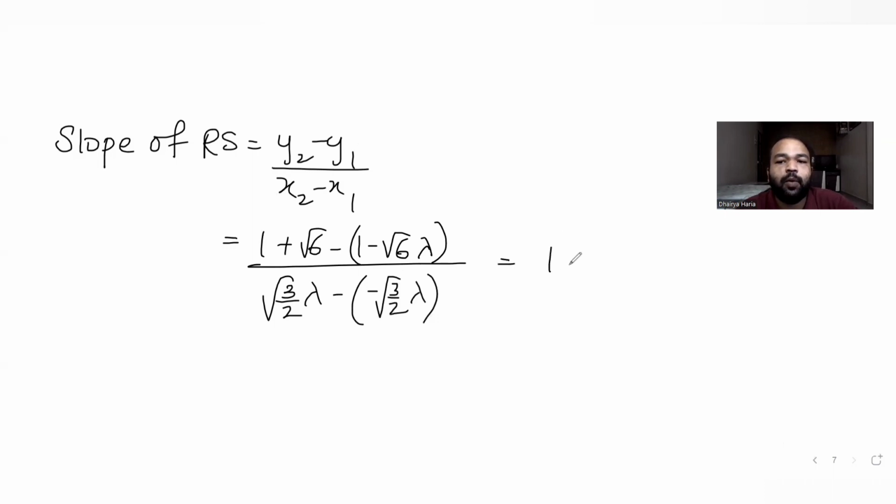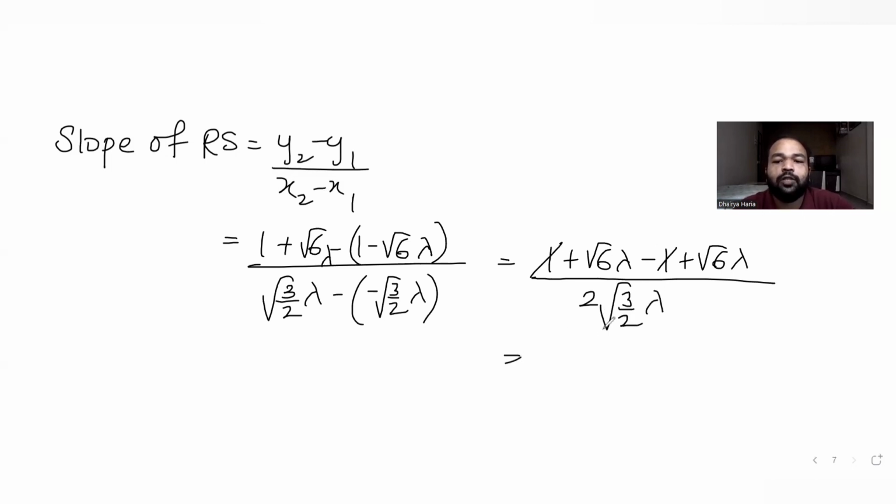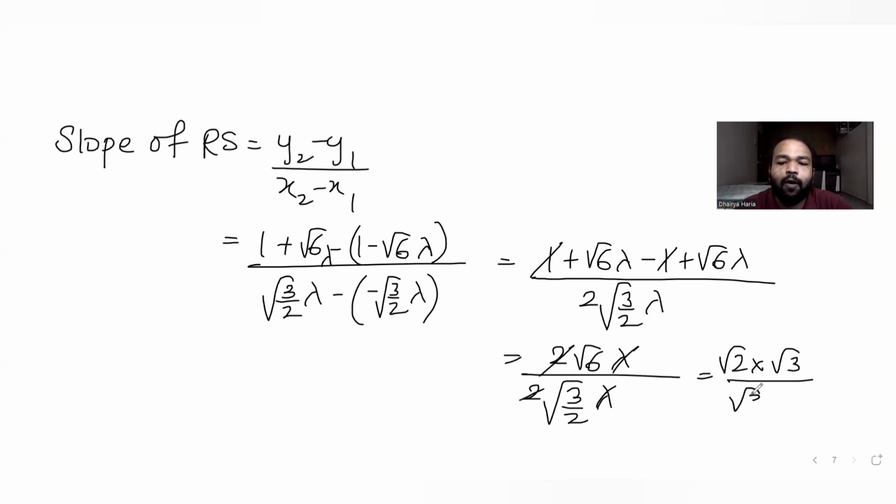So this becomes 1 plus root 6 lambda minus 1 plus root 6 lambda upon 2 times root 3 by 2 lambda. The 1 and 1 get cancelled, you get 2 times root 6 lambda upon 2 times root 3 by 2 lambda. Lambda gets cancelled, 2 gets cancelled. Root 6 you can split as root 2 into root 3, so root 3 by root 2. The root 3 gets cancelled, so you get the slope of RS as 2.